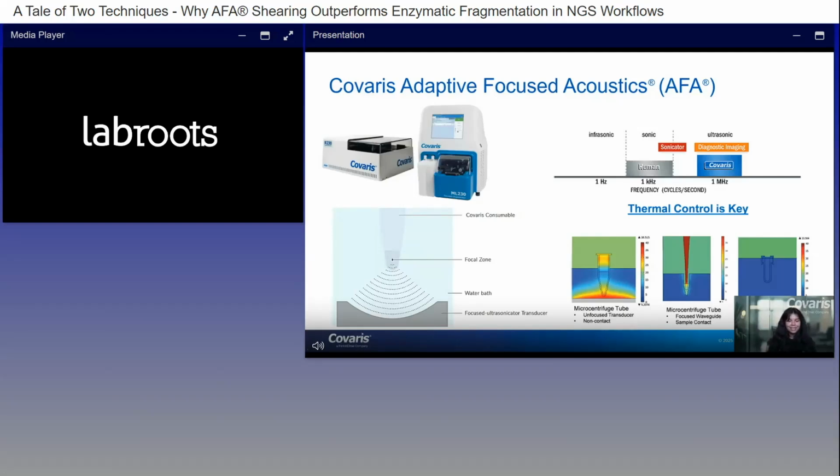Now, this is not ideal, especially when you're working with sensitive or volatile biomolecules. You can compare this to the Covaris sonicated samples, which are not getting subjected to this gradient of heat. By precisely controlling the acoustic energy as well as the temperature of the water bath, Covaris is able to offer thermal control during sonication.